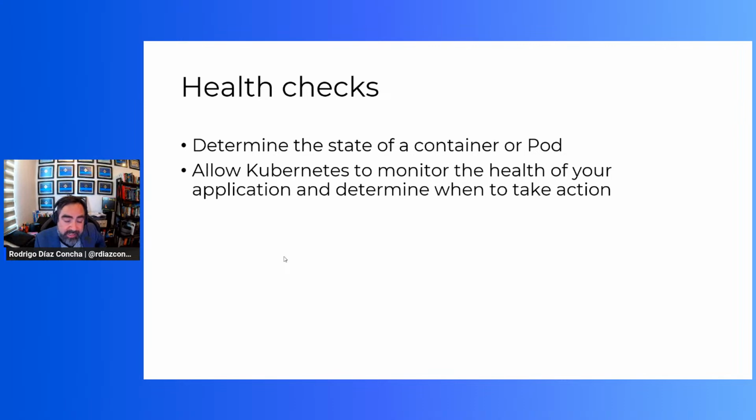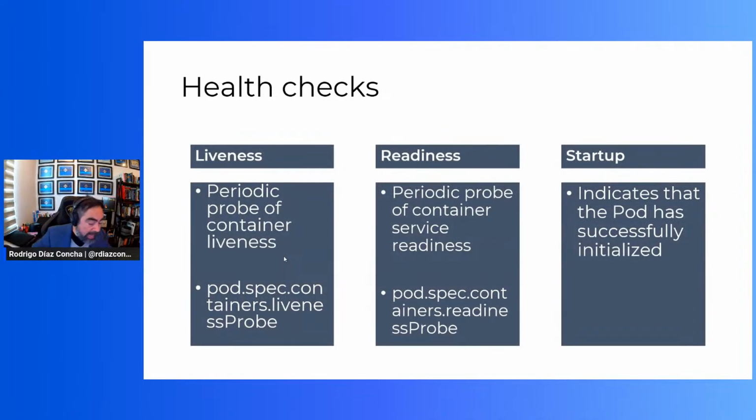Maybe you are querying a database, maybe you are calculating some things, and maybe your application is not in a ready state. So you should notify Kubernetes about that. And that's another use case for health checks. Actually, we have 3 types of health checks in Kubernetes. The first one is Liveness.